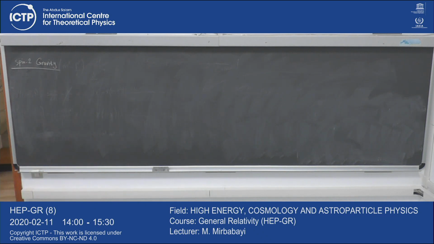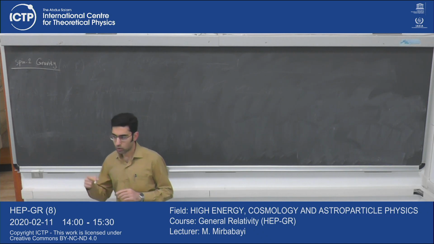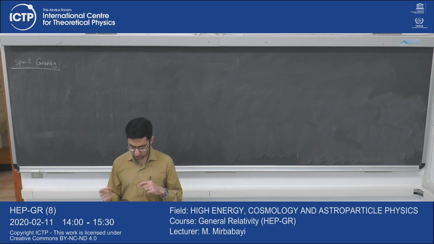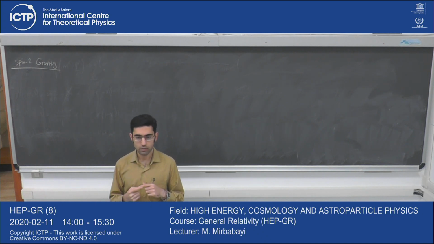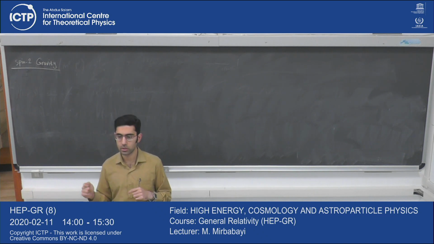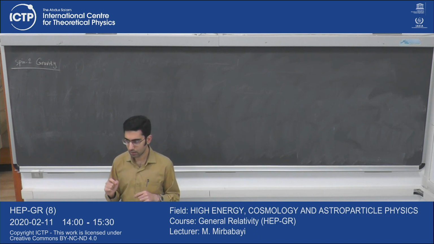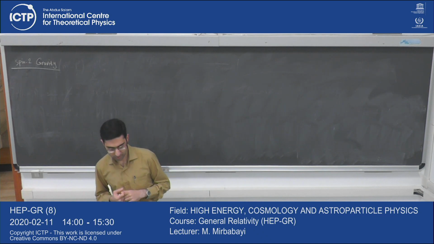That is also ruled out by observation, meaning that there are some binary systems called pulsar binaries, and for those the rate of change of the orbital frequency is measured very precisely, and the rate of change does not agree with what we get from dilaton gravity.